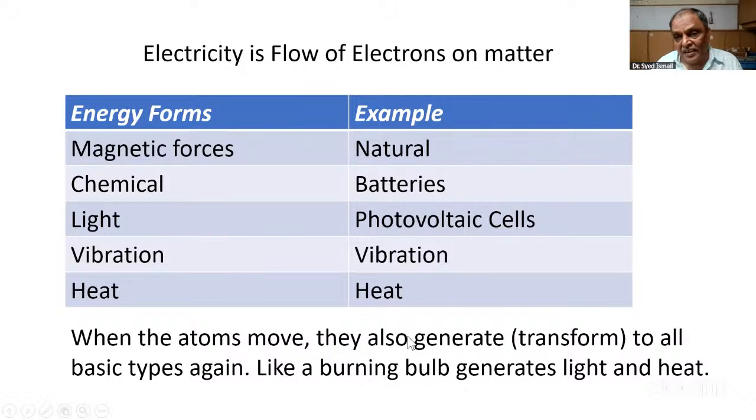Heat also will generate electricity, it will try to move the electrons. When electrons move through magnetism, the movement also creates heat, light, and chemical reactions. So the energy of moving one electron can create a lot of other forms of energy.